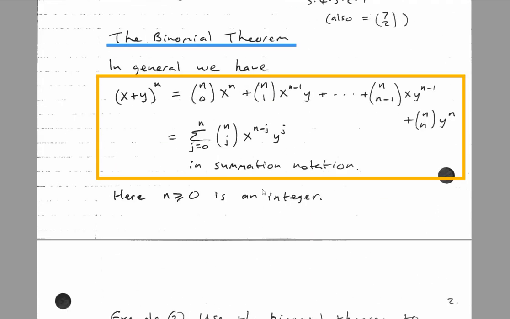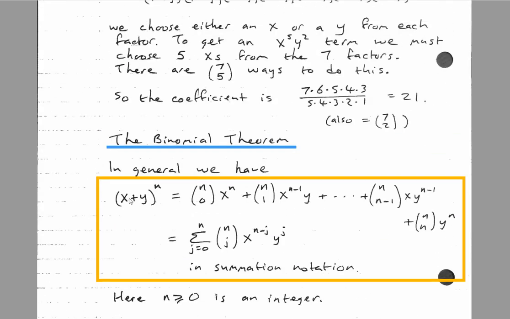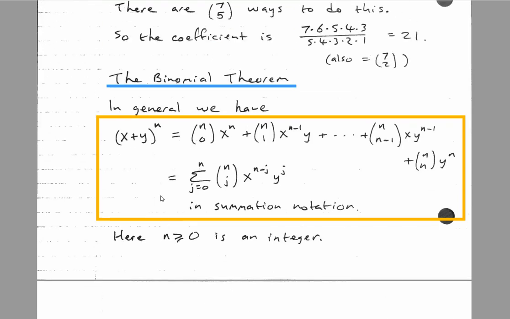So it's like we're substituting. Replace all the x's with 3x. Replace all the y's on both sides with negative 2y. And here n is 3, n is 9.